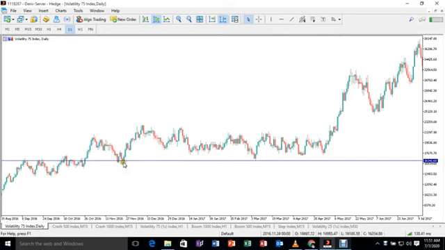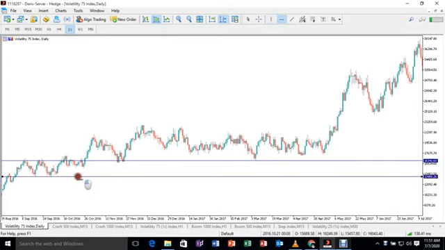So we can see it turns to support here, and don't forget we also have a support here. So this is a low and this is a high, the lowest place we can find there, and the high place.